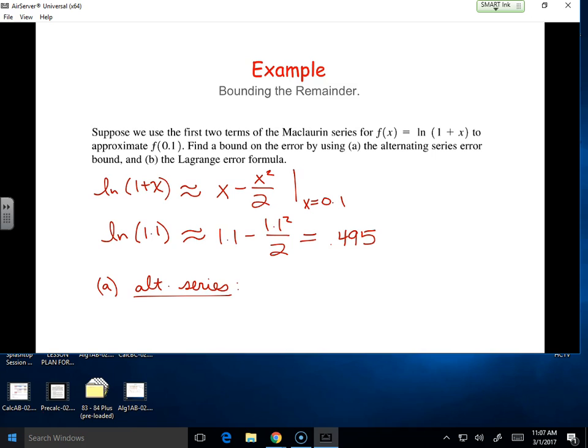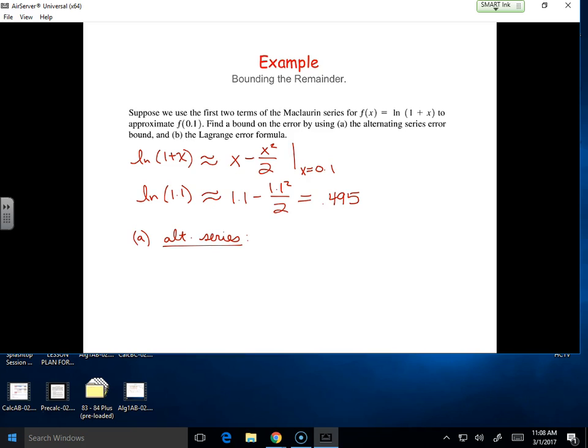Why is alternating series even something that we can do for error? Because sometimes it alternates. This series is alternating, right? Which means we can't use the alternating series error bound for all series, just the alternating ones. Okay.